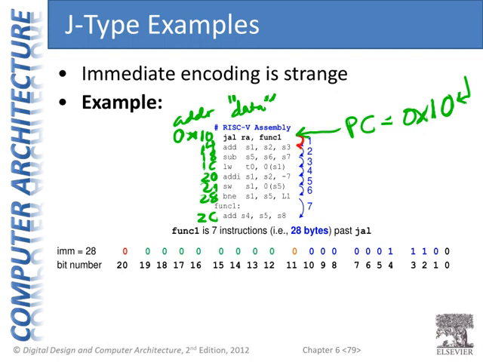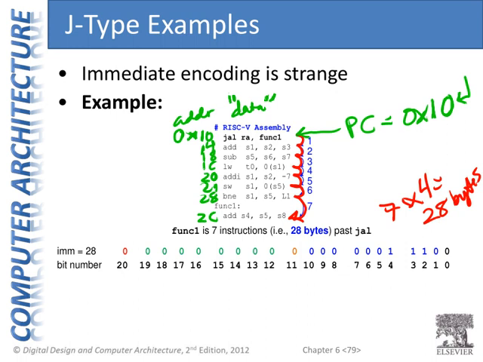It's 1, 2, 3, 4, 5, 6, 7 instructions past the jump and link instruction. So 7 times 4 equals 28 bytes past the current instruction. We need to encode that 28 here.